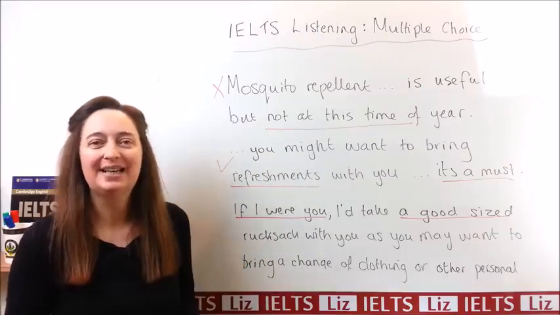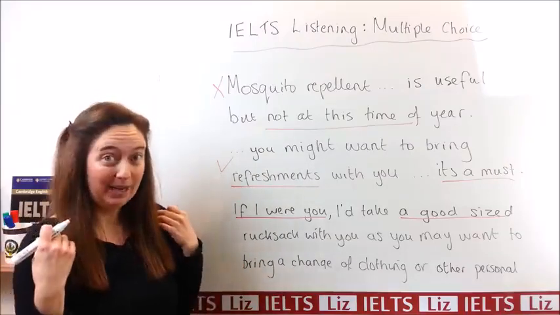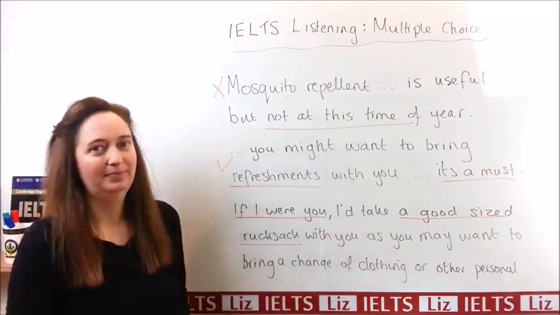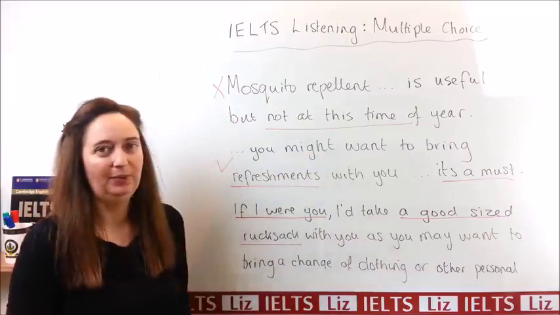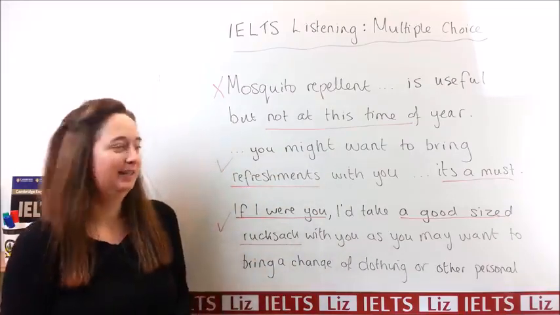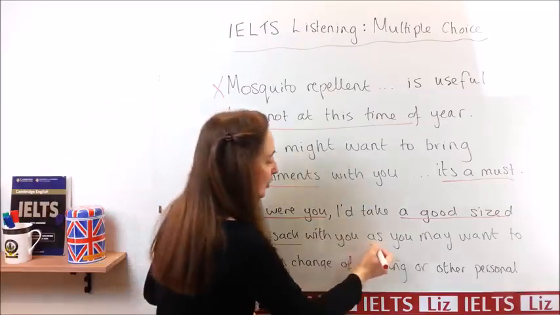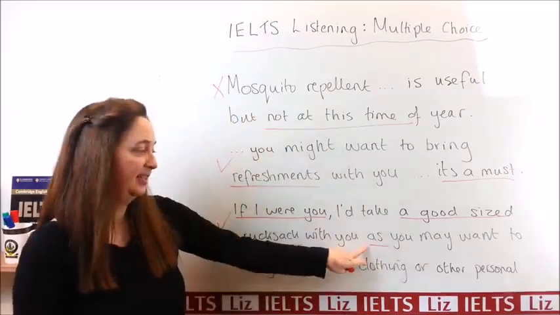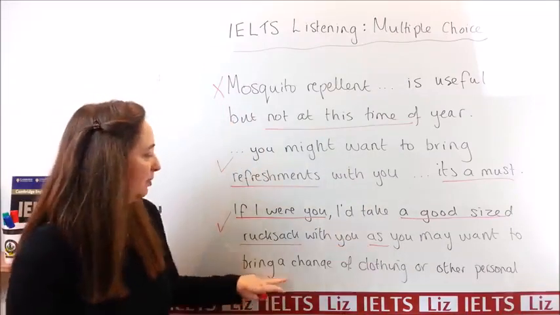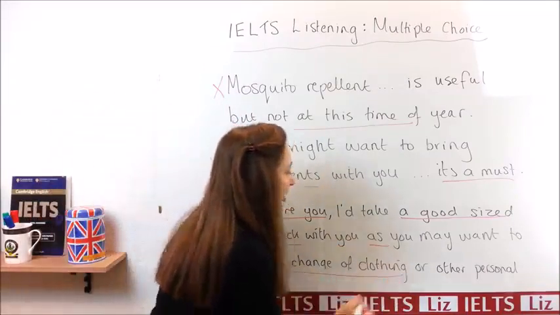Well, a rucksack is a bag that you put on your back. So it's a bag, so a large bag. I recommend you take a large bag with you. So that is the third answer, a large bag. And if we continue, we will see it says as, this means because. Because you may want to bring a change of clothing.